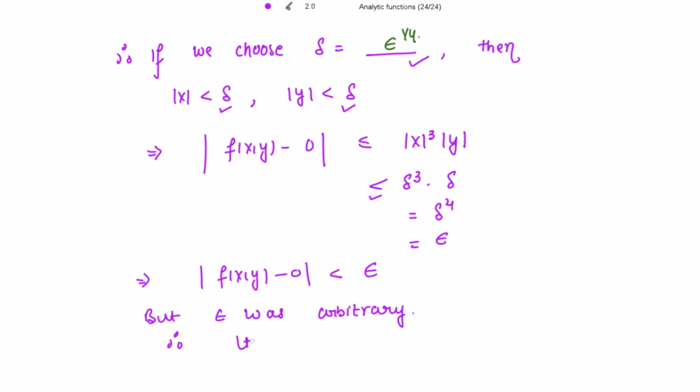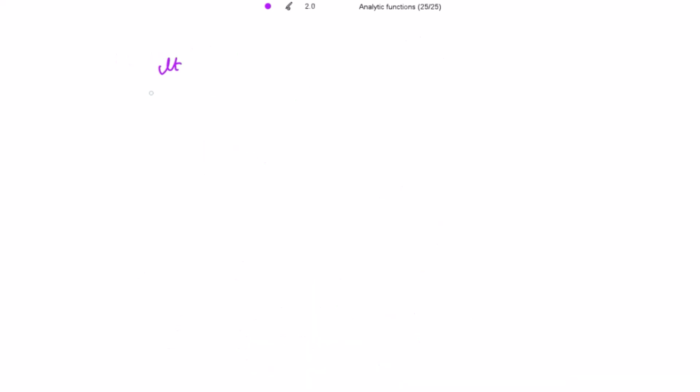Therefore, the limit of this function as xy tends to 0, 0 is equal to 0. So this is the result, which can be further written as limit as xy tends to 0, 0 of f of xy, which is x cube y cube divided by x square plus y square, is equal to 0. So we have proved this result. Okay, thank you.